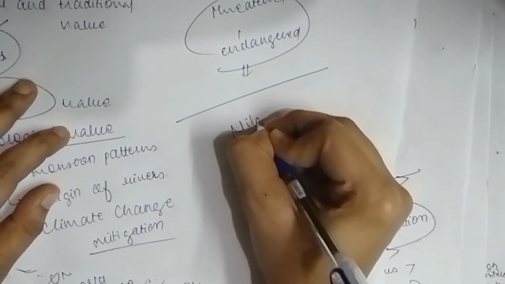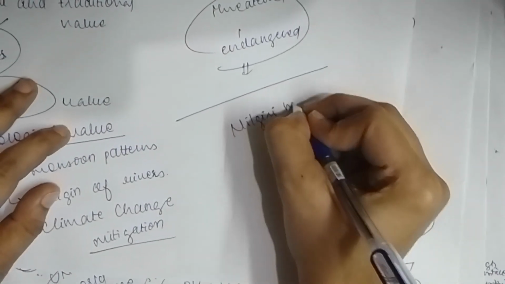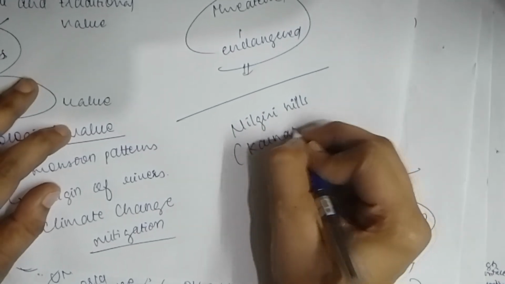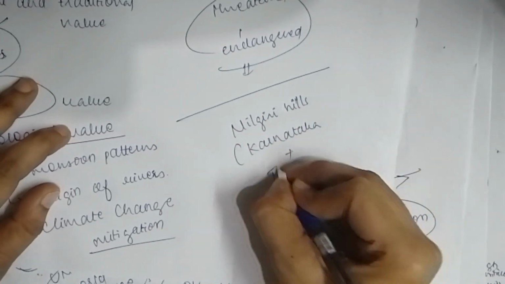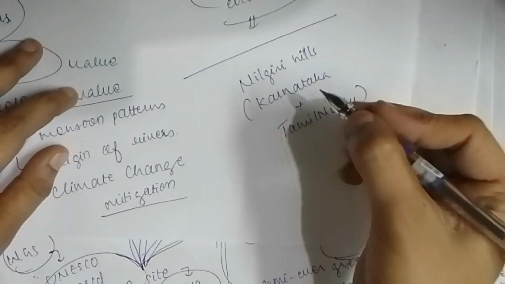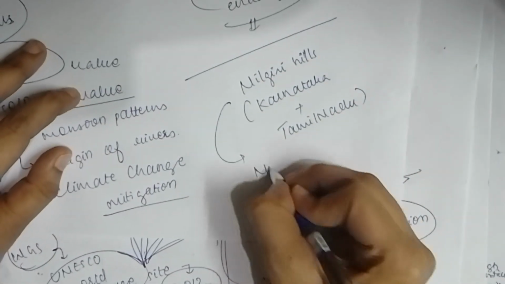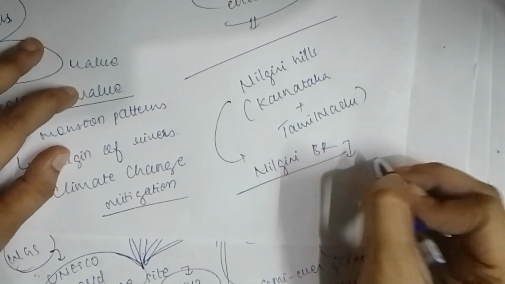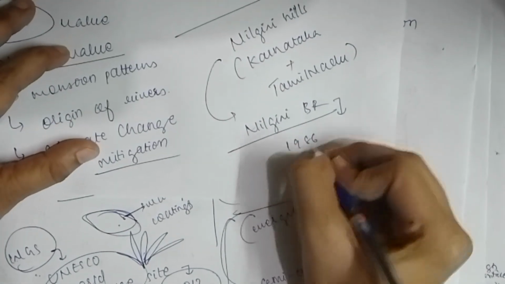the Nilgiri Hills in Karnataka and Tamil Nadu. Since the Nilgiri Hills, there is this Nilgiri Biosphere Reserve, and it was established in 1986.